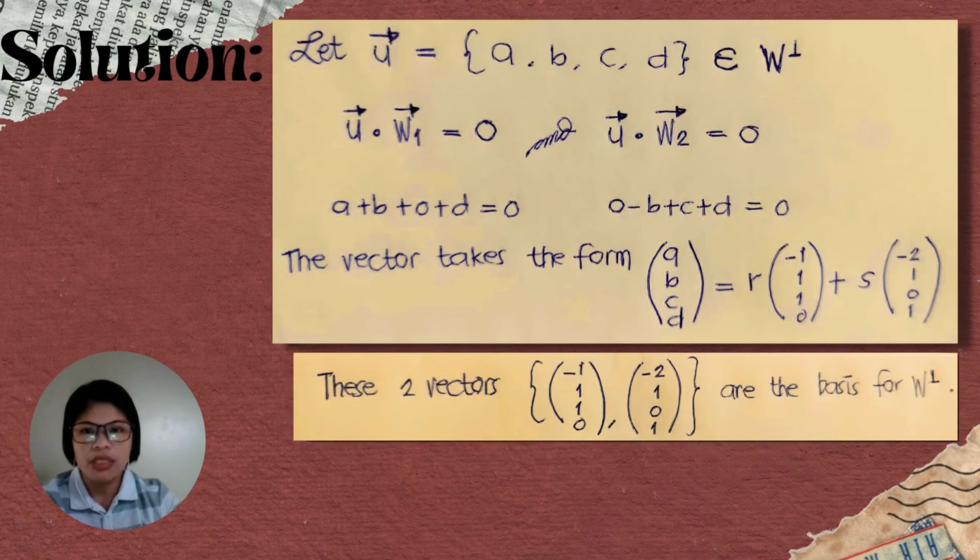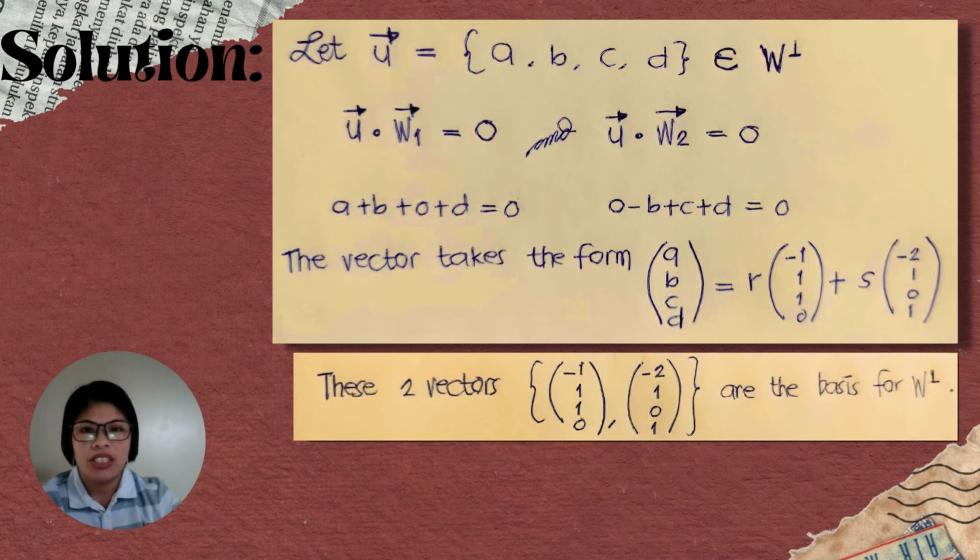Here is the solution. So we let U vector be equal to a, b, c, and d, which is an element of W perp based on the theorem.